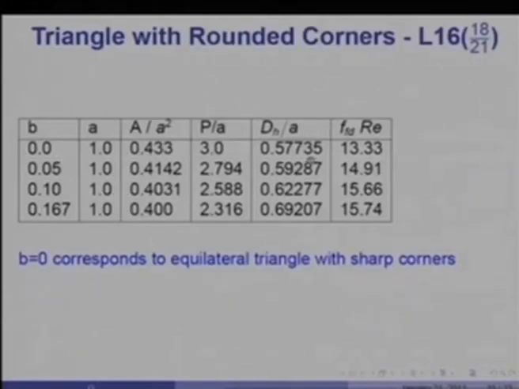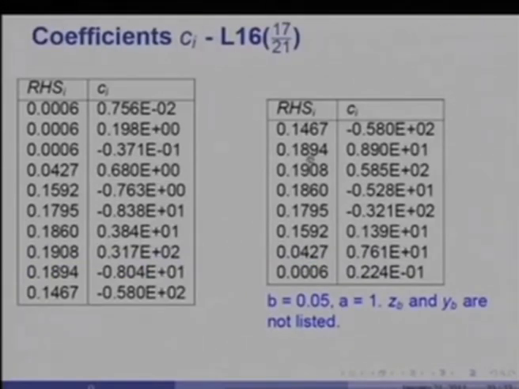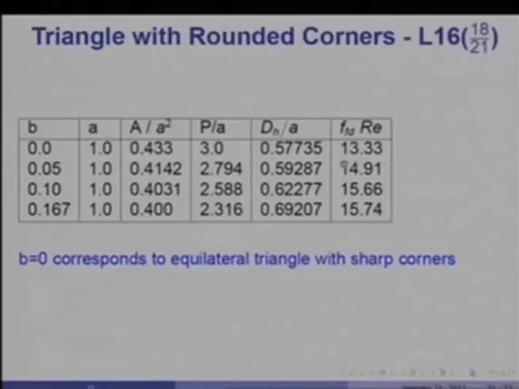To evaluate friction factor and Reynolds number, then you must evaluate the U bar from this solution, which has to be done on a computer because hand integration becomes very difficult. So, you have to do that on a computer, and here are the results.